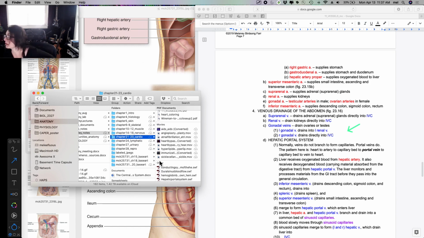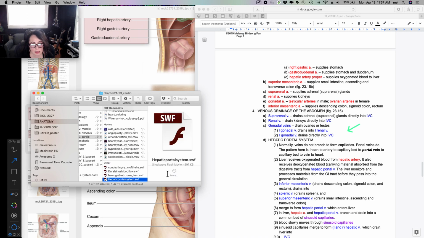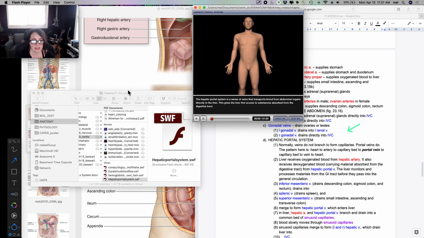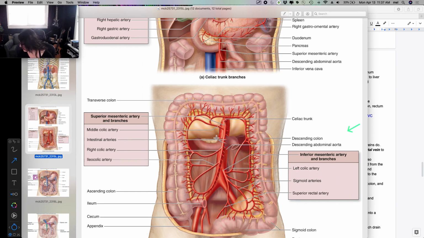My dog. Okay. Hepatic portal system. We'll bring that up so it'll be ready. Come on. Okay. I'll show you that in just a second. So let's do the easy portions. Dogs. Okay. Do you want to say hi, Soups? Say hi.